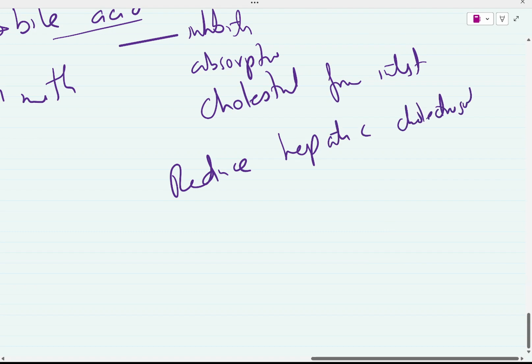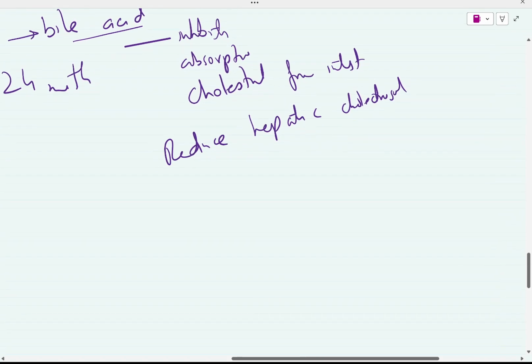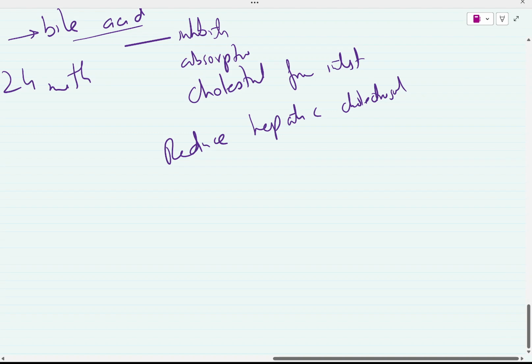So there will be a low cholesterol level in the body, less accumulation or storing of cholesterol, and less precipitation of cholesterol and calcium carbonate. So we are treating the cause.